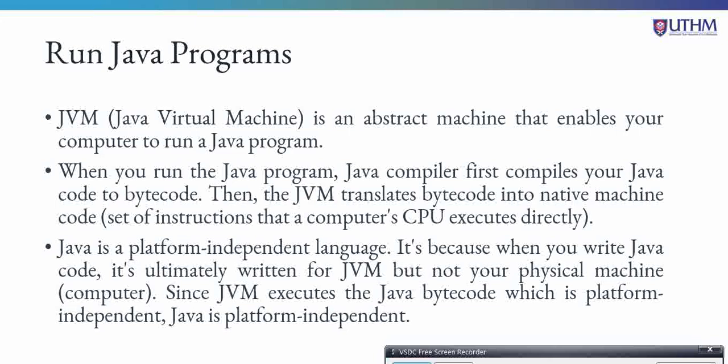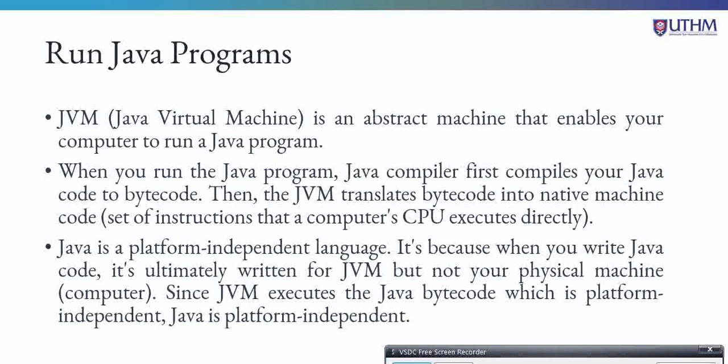So Java is a platform independent language. It's because when you write Java code, it's ultimately written for the JVM, but not your physical machine. So whenever you compile the Java code, the dot class is ultimately written for the JVM.